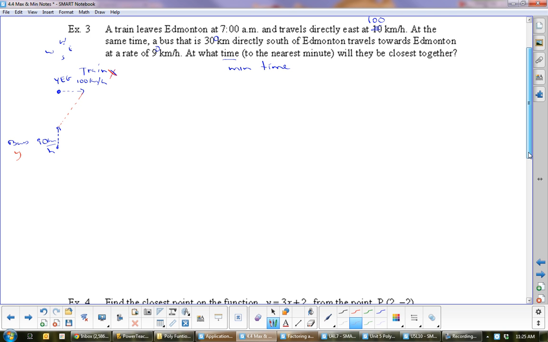Well, we know that distance equals velocity times time. So for the train, D will equal 100t, and for the bus, D will equal 90t.